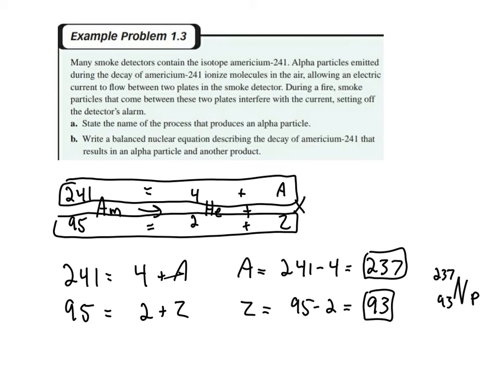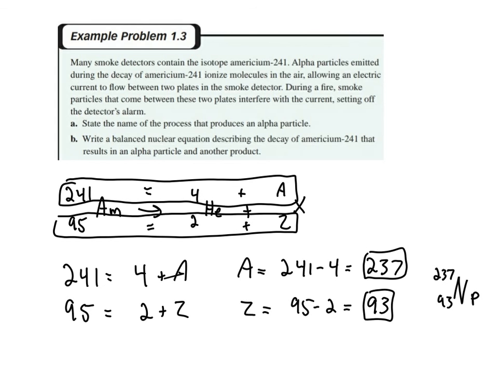So what we had happen in this case is that we had americium 241 nuclear decay, or undergo alpha radiation, and we had one alpha particle come off from that and an unknown, and we were able to figure out that unknown was going to be neptunium 237.